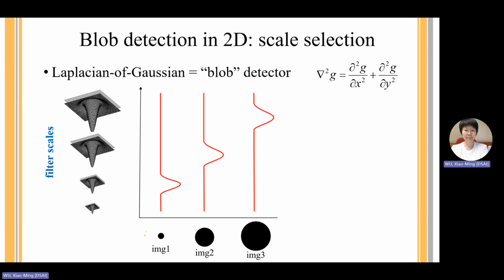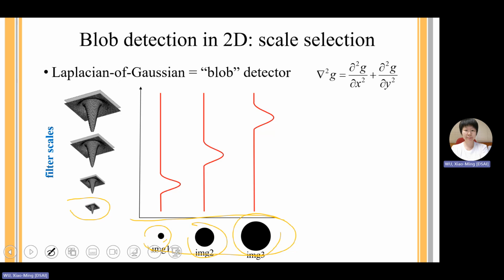Now we have blobs of different sizes, right? We have a tiny blob, and then we have a medium blob, and then we have a large blob. How can we identify all those blobs simultaneously? You cannot apply a single LOG filter.